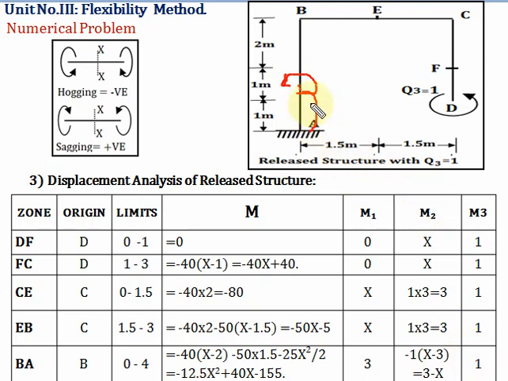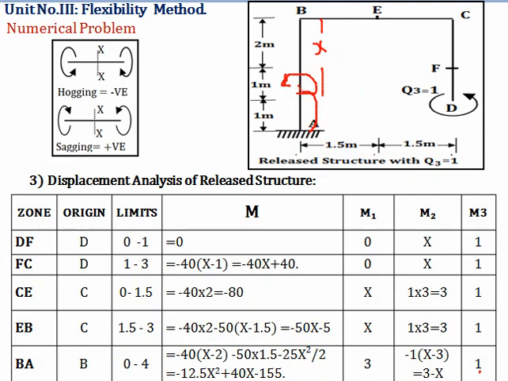So as there is sagging moment, their value is plus, and for moment we do not multiply by the length, so here only the intensity of moment is 1, and here we are measuring x from B point. So here the limit is 0 to 4. So in this way we have found out the bending moment in the real structure.